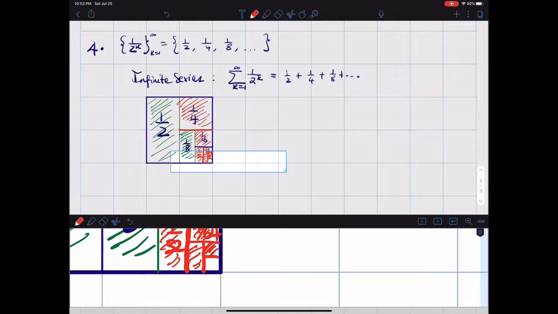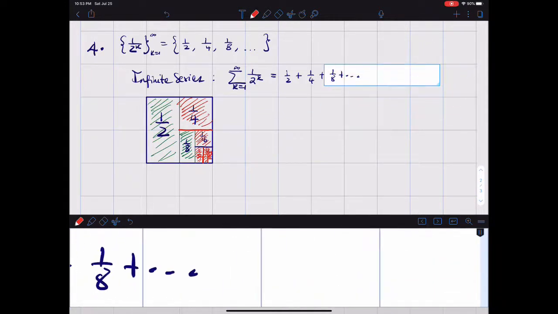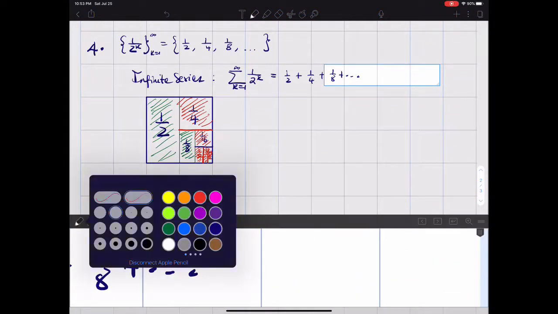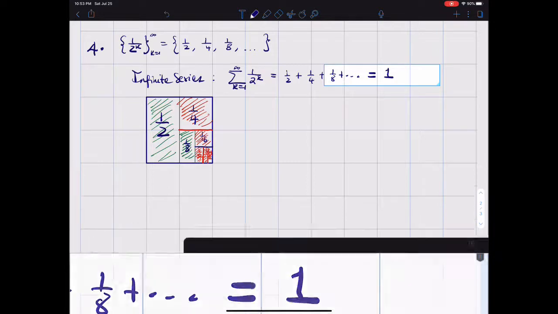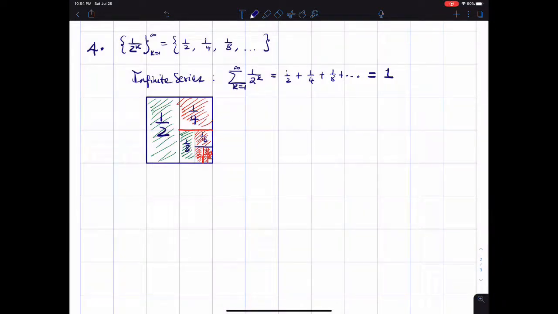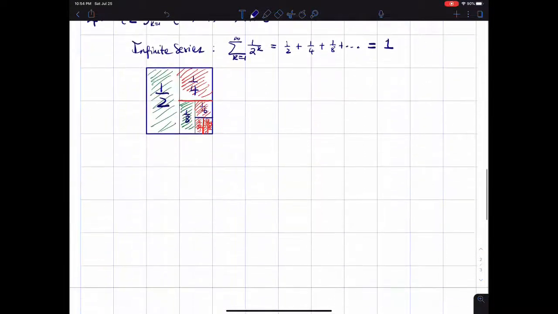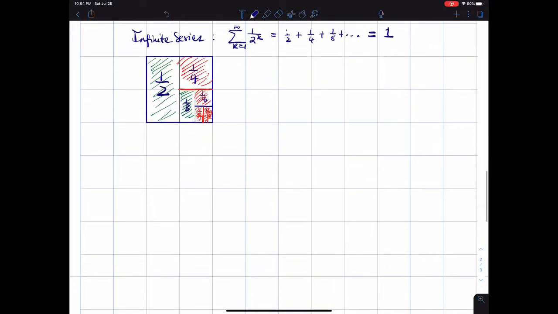So at the end, it's just going to add up to 1. So that's my proof that this sum goes to 1. So this is proof by picture. It's not a very analytical proof, but it's acceptable. I can actually write it up and really explain it, and it will be a proof.